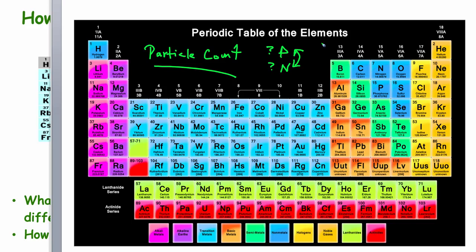So a pure atom is an atom that has the same number of protons as it has neutrons. An isotope is going to be an atom that has a different number of neutrons than it has protons. And all of this has to do with coming to understand the particle count for any given atom.